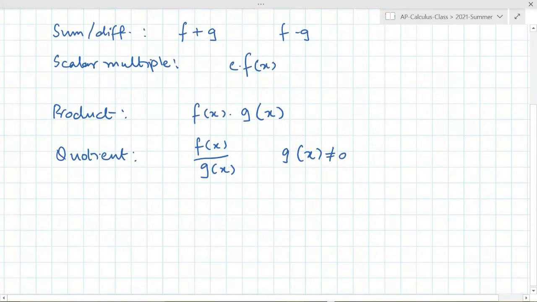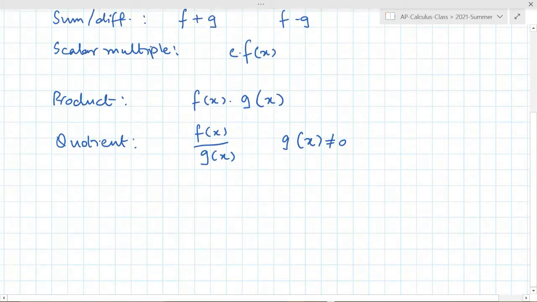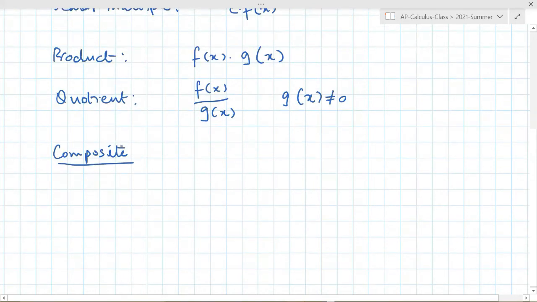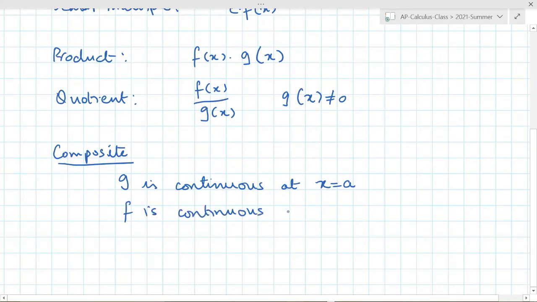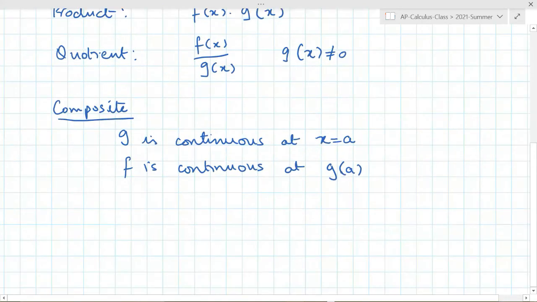And we can also look at composite functions like we looked at earlier. So g is continuous at a, if this is known, and f is continuous at g of a. And we'll see why we have to look at that value, because we are looking at the composite function.